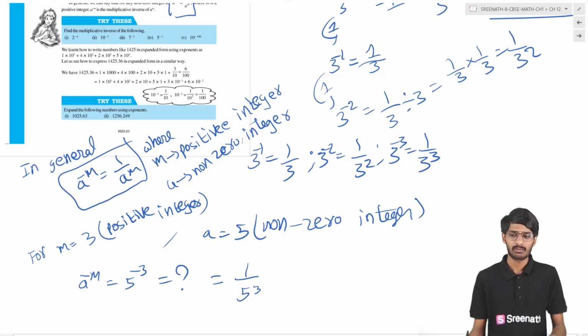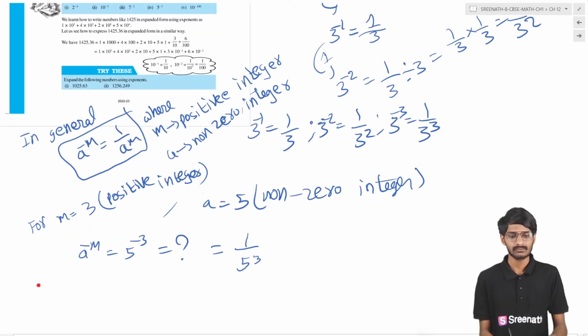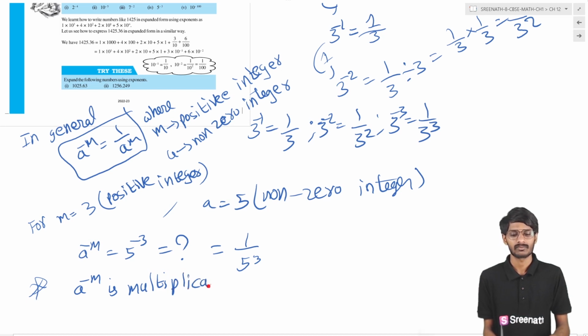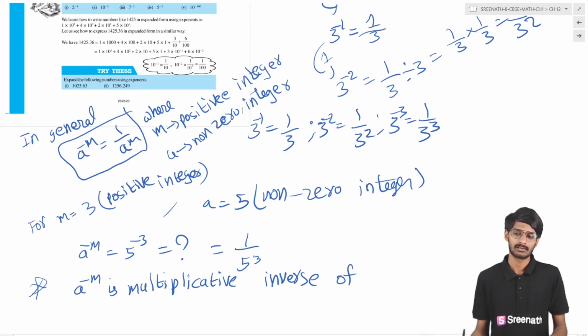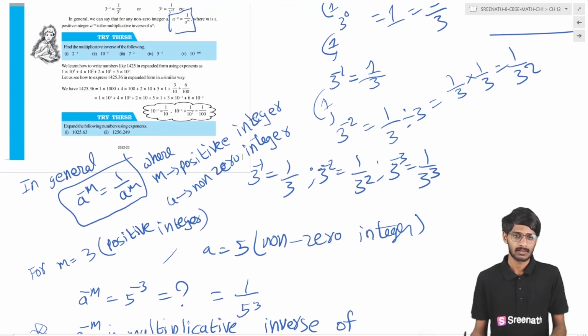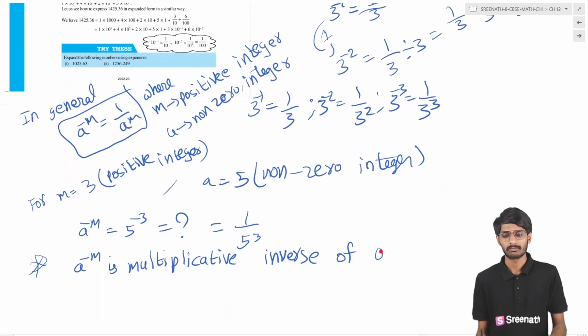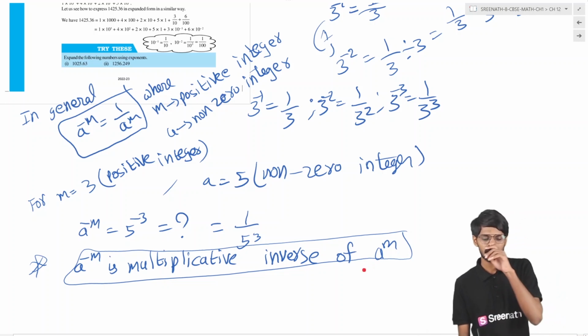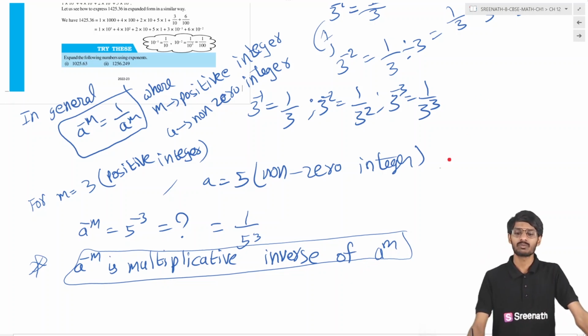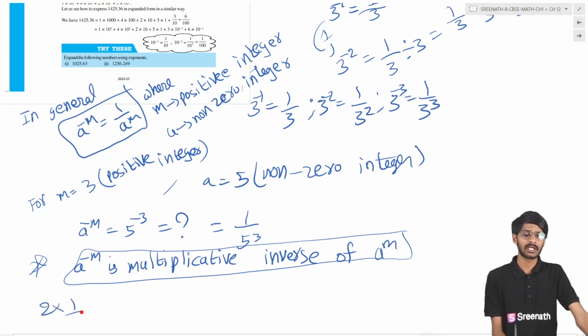One more important thing is that a power minus m is the multiplicative inverse of a power m. Sir, what is a multiplicative inverse? Suppose you multiply 2 into 1 by 2, what is the answer?